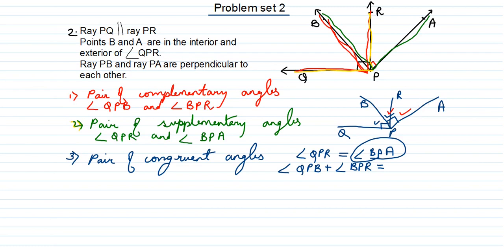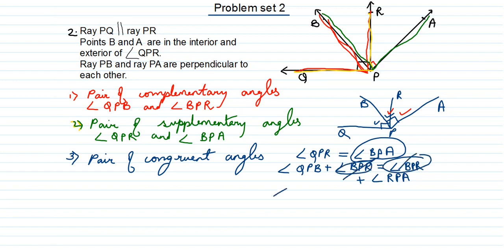So let's write the names of these angles. It will be angle BPR plus angle RPA. You have angle BPR on both sides, over here as well as over here, so you can cancel it.